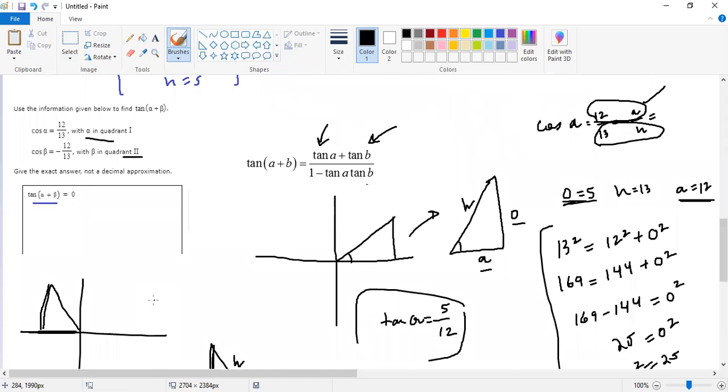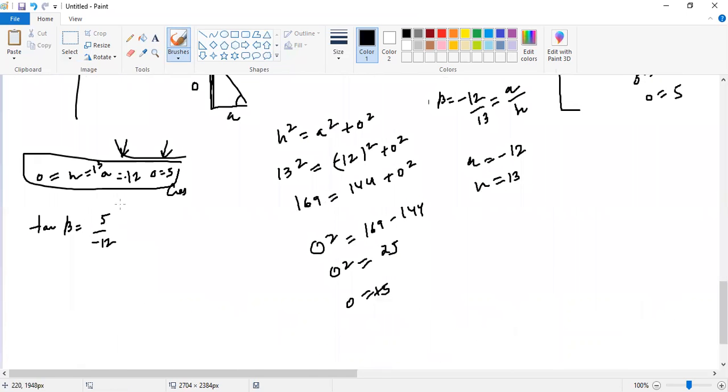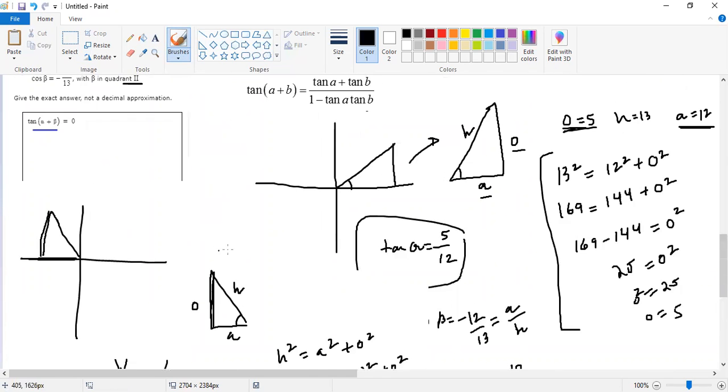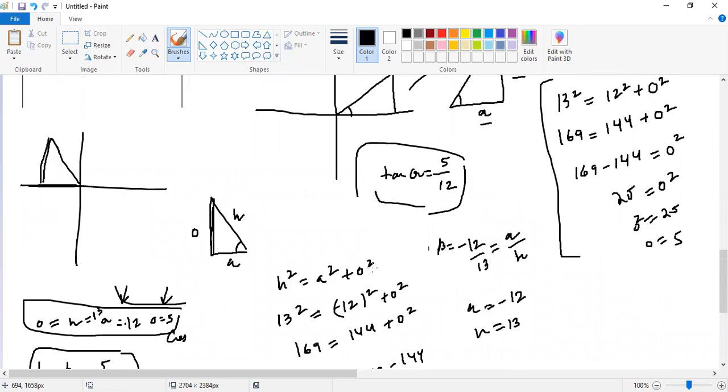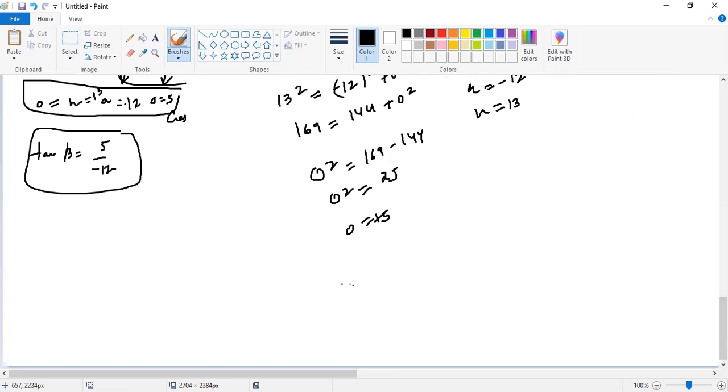And yeah, so that's our tangent of B. So we have our tangent of B and we have our tangent of A. So let me just rewrite this. Our tangent of B is going to be 5 over negative 12. Tangent of alpha is going to be 5 over 12.